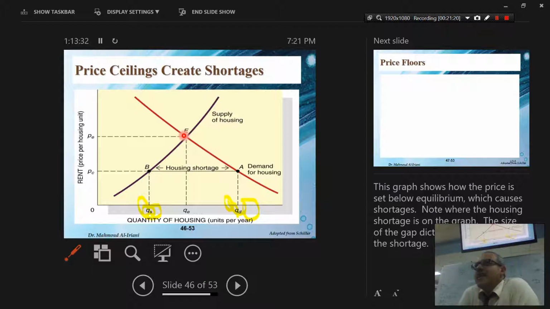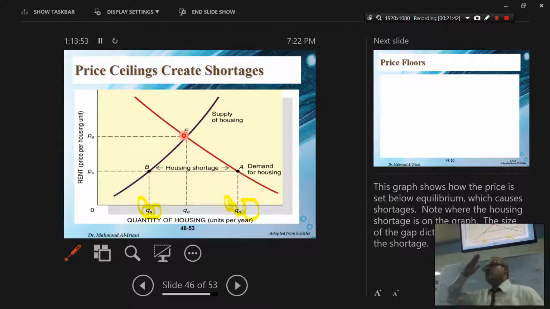Are you okay on the back? Okay. But what's the effect of the price ceiling on the suppliers and the consumers? Now they put a price ceiling. Suppliers can only supply QS. Demanders don't want only QS.